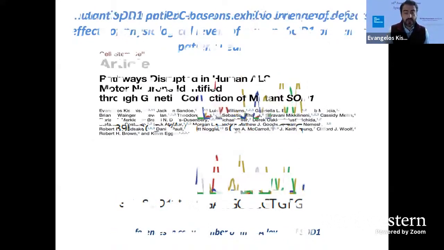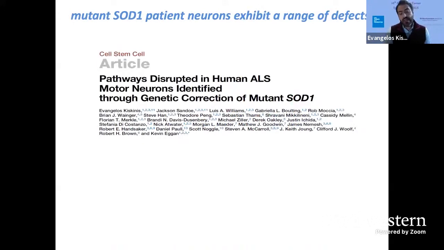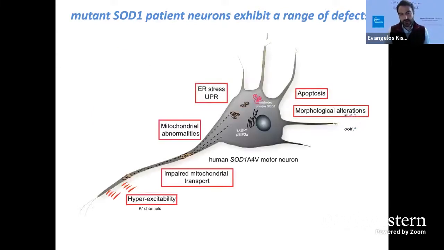Now, several years ago, we published a study highlighting that you can utilize this model system to describe a series of pathways that are disrupted in motor neurons differentiated from these patient cells relative to the isogenic controls.